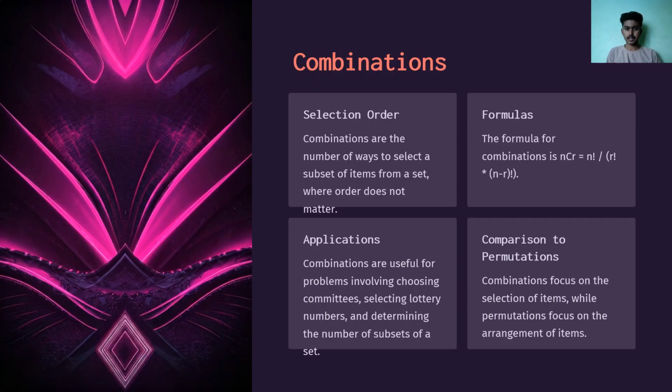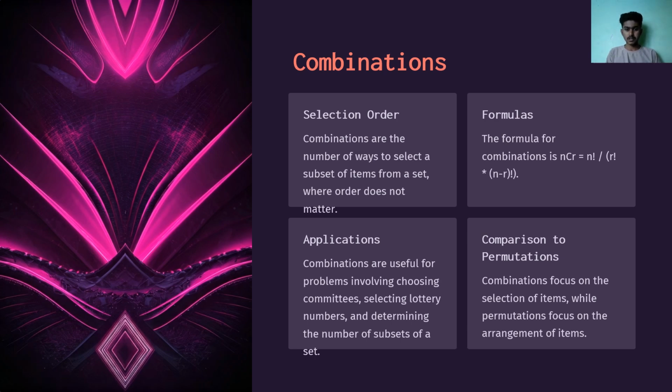Combinations. Selection order. Combinations are the number of ways to select a subset of items from a set where order does not matter. Formulas. The formula for combination is nCr equals n factorial by r factorial into (n minus r) factorial.